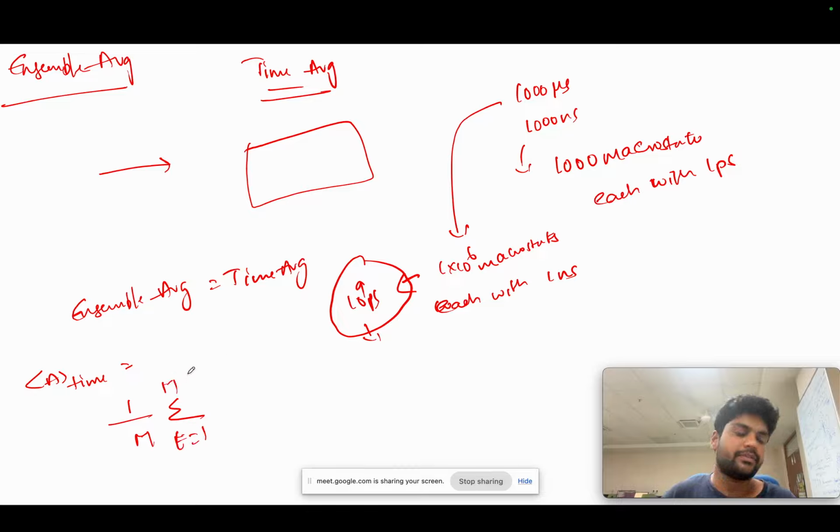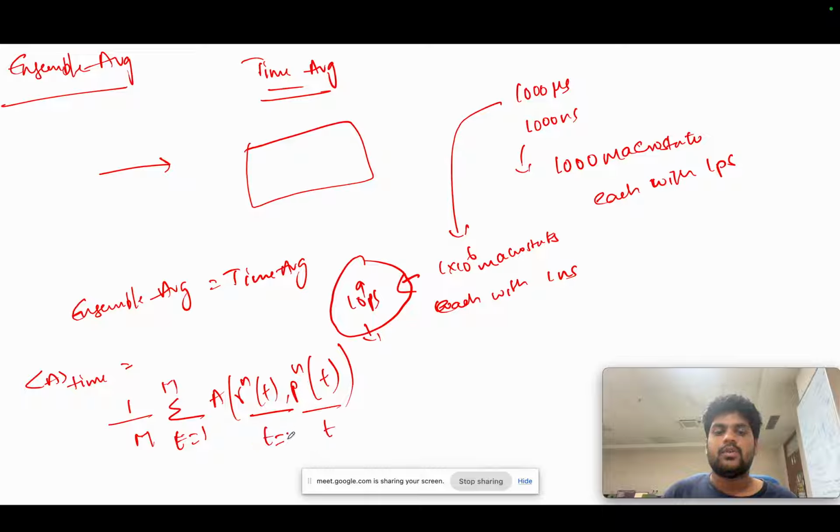It is how many frames you are taking, and you are calculating the change in the momentum at that time t. So this is nothing but the ergodic hypothesis. The spelling is ergodic.